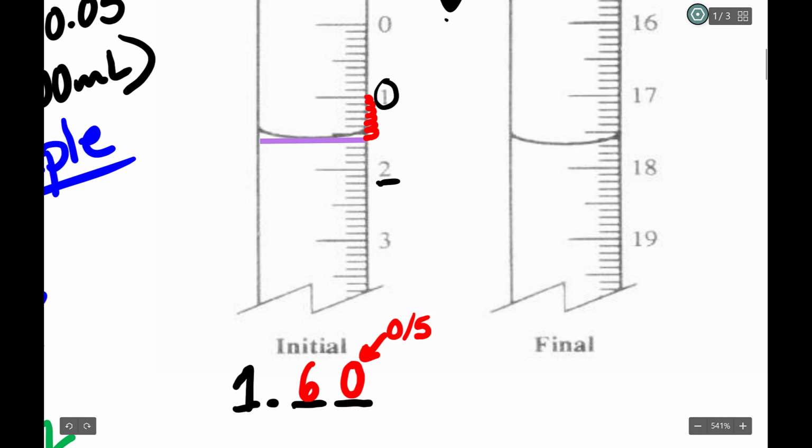I think it's a bit ridiculous to be able to tell the difference between 5/100ths and 2/100ths of a milliliter. Our eyes aren't that good, and it really depends on whether your eyes are level with the line and a whole bunch of other factors. So this last hundredth spot generally is 0 if the meniscus lands right on a line, and 5 if it lands between two lines.